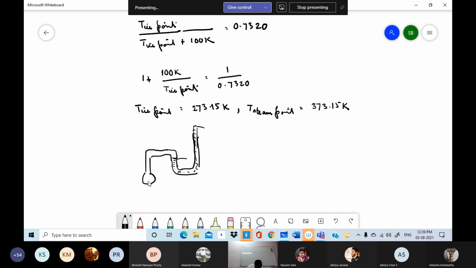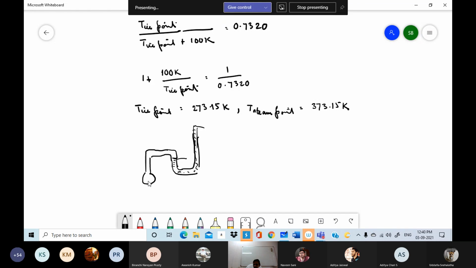But as I said, gases are not ideal. So what happens if it's a real gas? Then the pressure measured would be different for different gases. But it was observed that the deviation from ideal behavior increases as the gases become more dense.